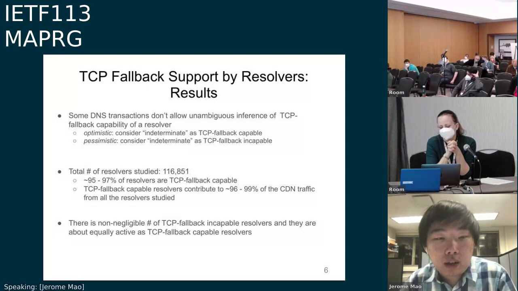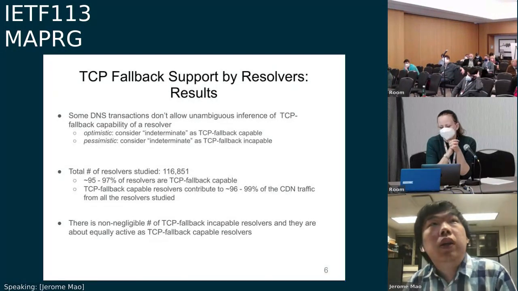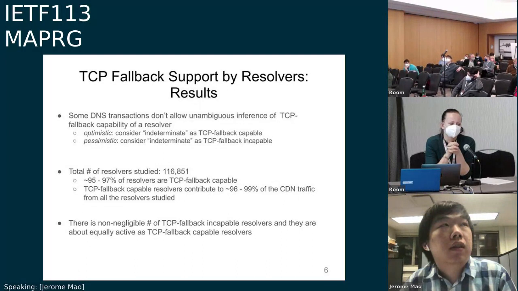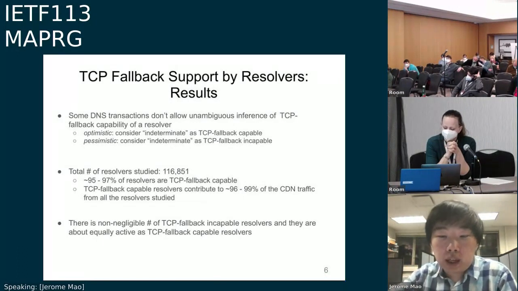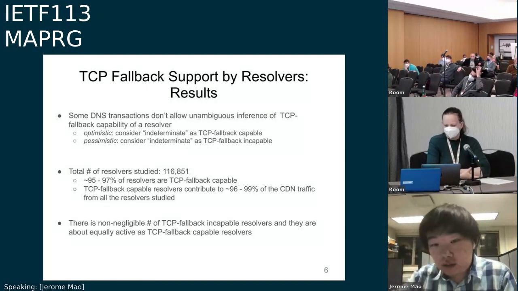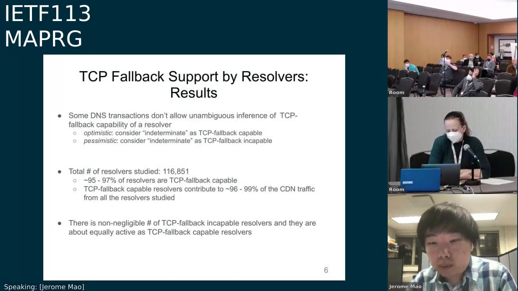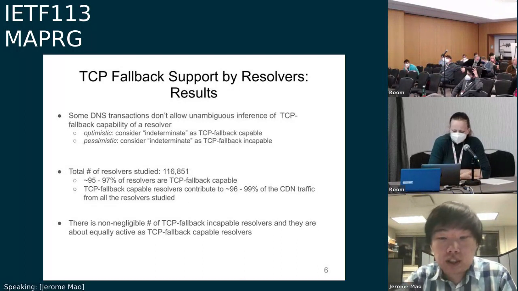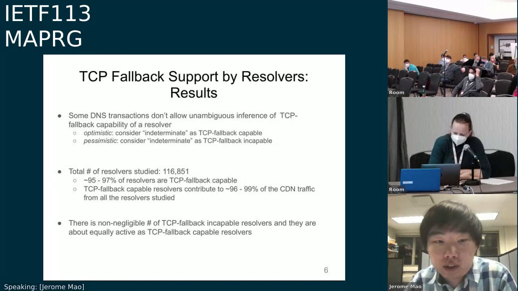We cannot say which resolver is being used and which is not, but overall the TCP fallback capable resolvers are being used, and the TCP fallback incapable resolvers are still being used, because they still contribute to around 1% of the CDN traffic.